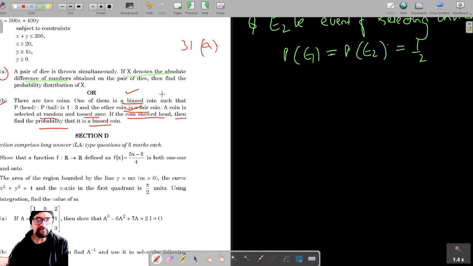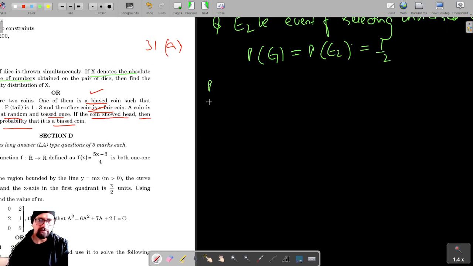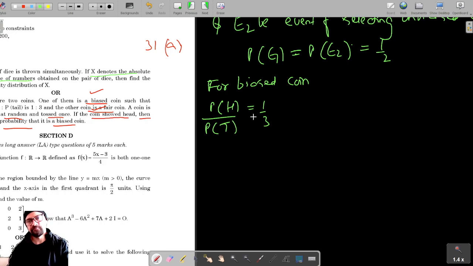Now it's given that this is the biased coin. There is one more piece of information for the biased coin. It's given that the ratio of probability of head to probability of tail is 1 is to 3.